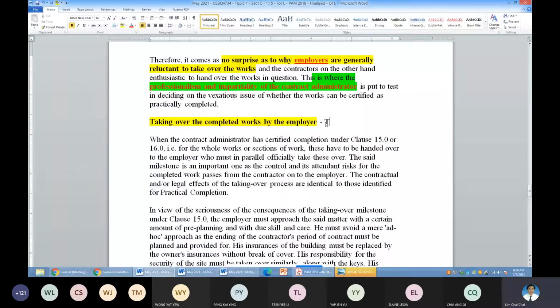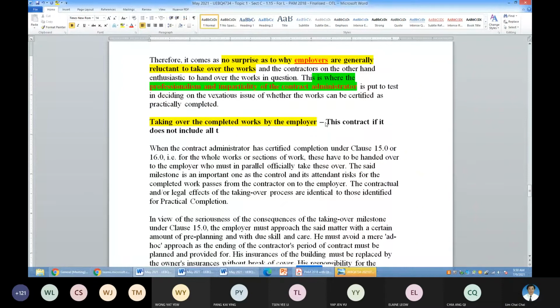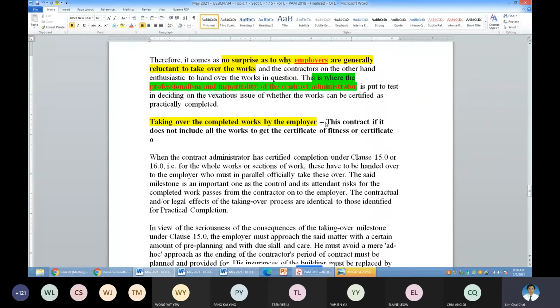This contract, if it does not include all the works to get the certificate of fitness or certificate of completion and compliance.